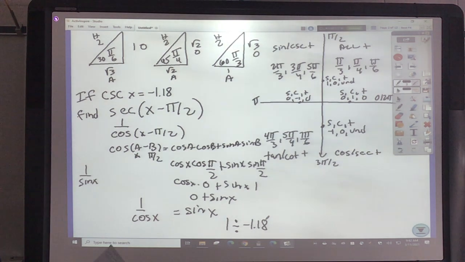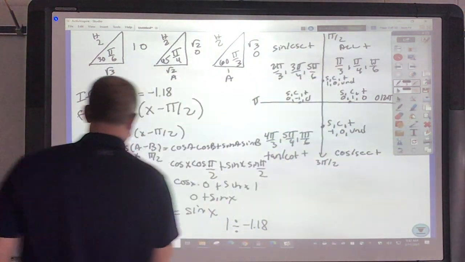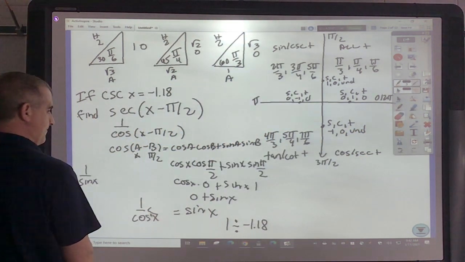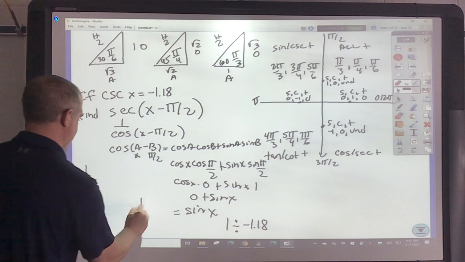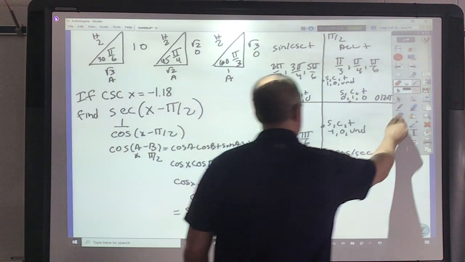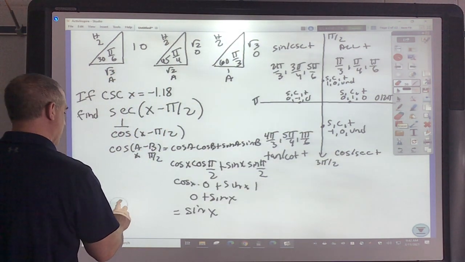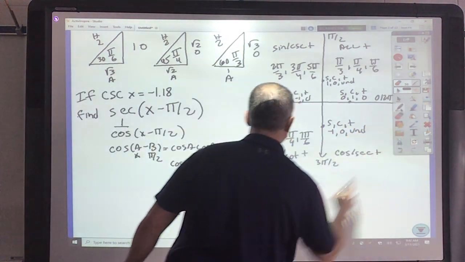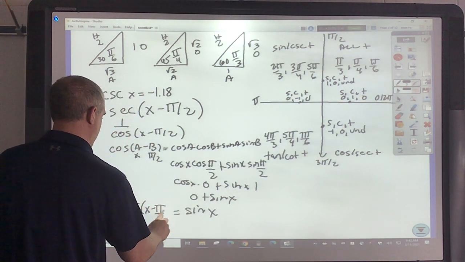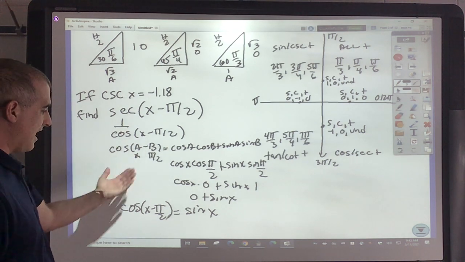No, sorry, that's incorrect. I'm getting this all jumbled in my head, sorry. So we got cosine of this is equal to sine, so whatever the sine would be.